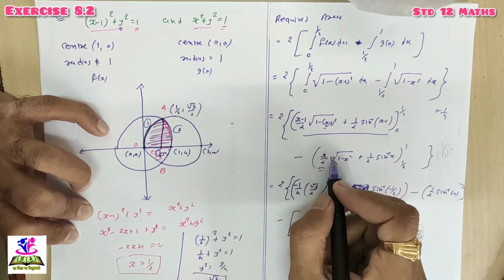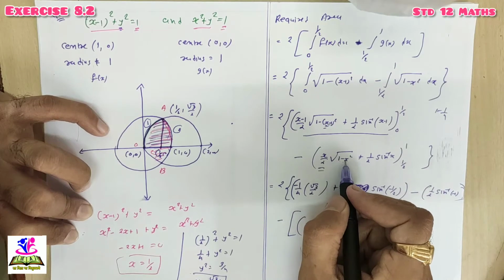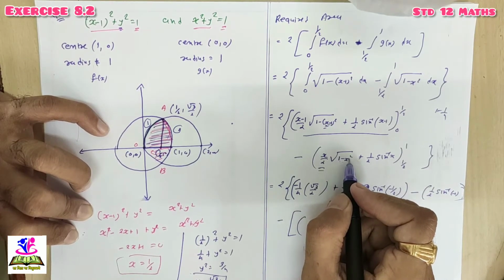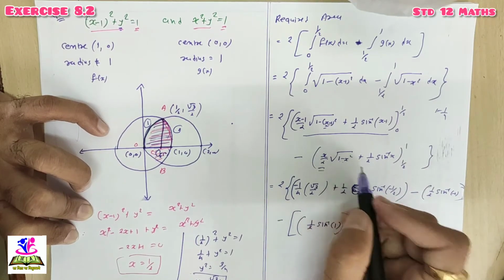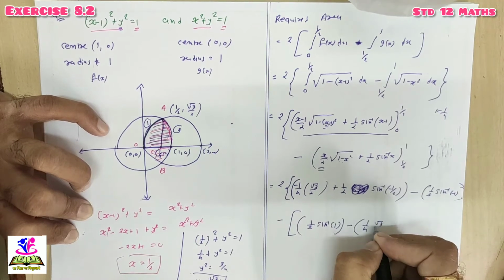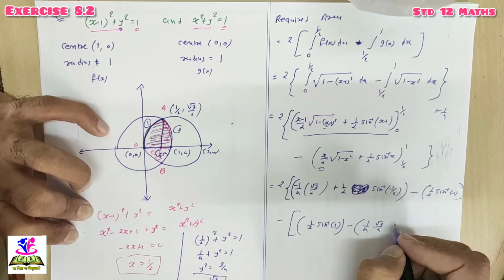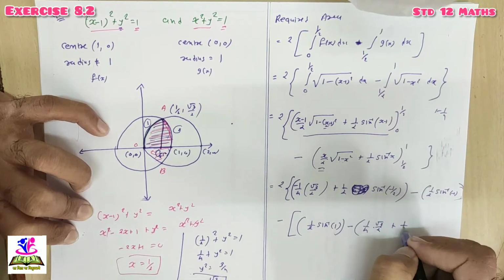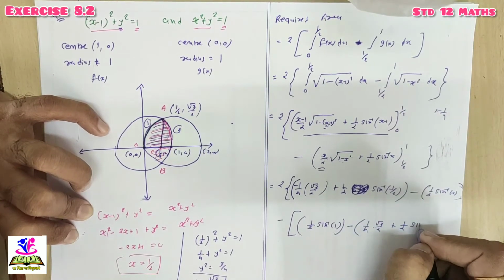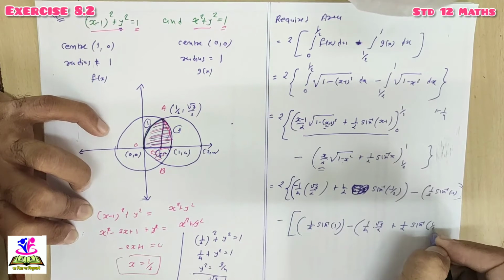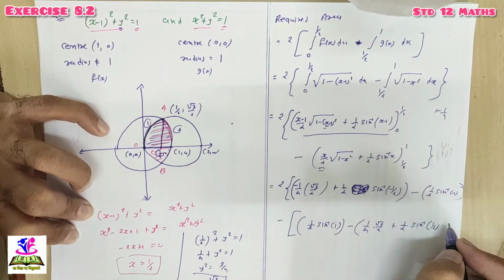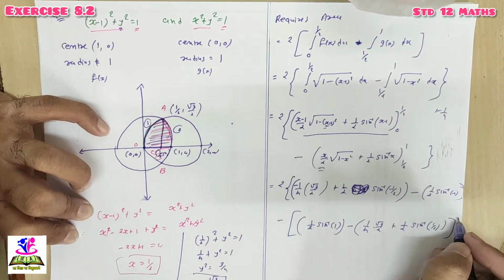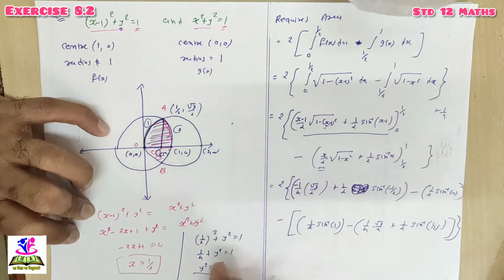So 1 by 4 again square root of 1 minus x square, 1 minus 1 by 2 square, 1 by 4 root 3 by 2. So it's a root 3 by 2 plus 1 by 2 sin inverse 1 by 2. Done. और ये स्क्वायर ब्रैकेट ओपन और ये कर्ली ब्रैकेट.